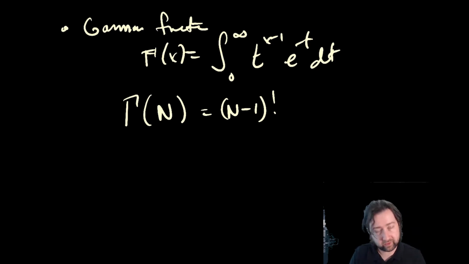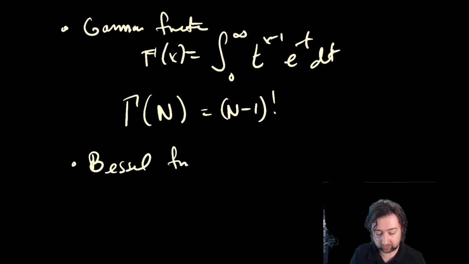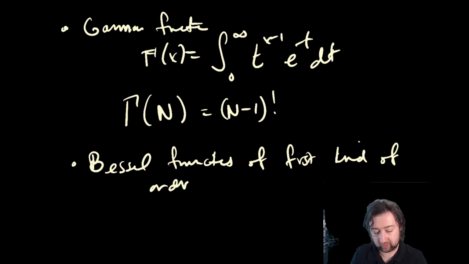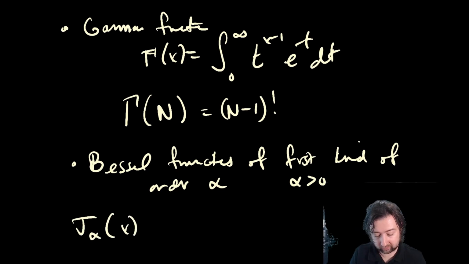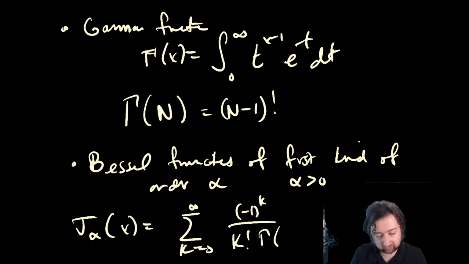Okay. With that, we defined this really important family of functions called the Bessel functions of the first kind of order alpha, where alpha is just some non-negative constant, and we get J alpha of x is equal to the sum from k equals 0 to infinity of minus 1 to the k over k factorial gamma of alpha plus k plus 1 times x over 2 to the k.